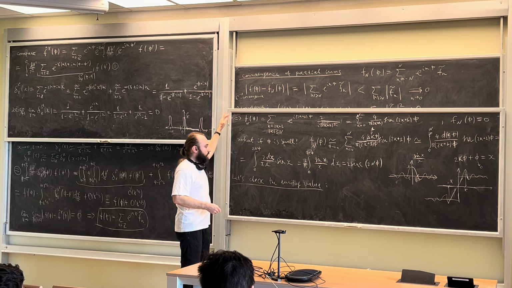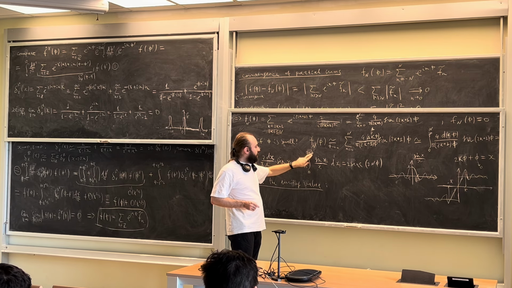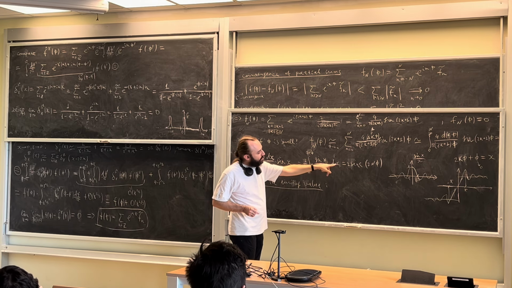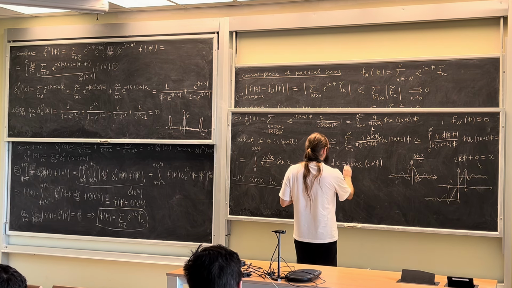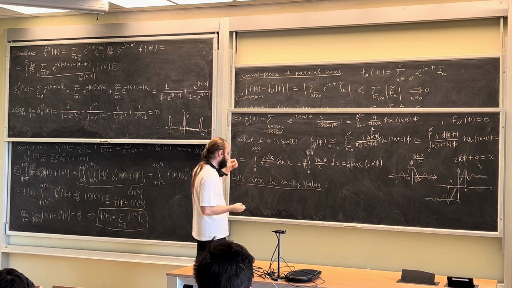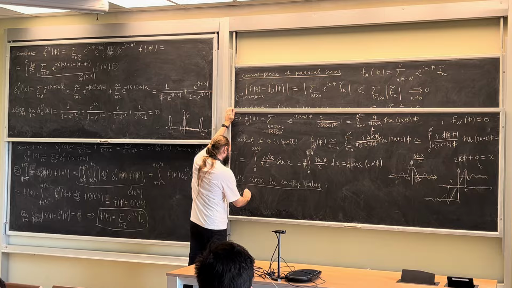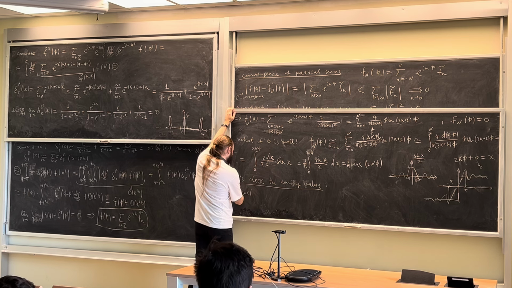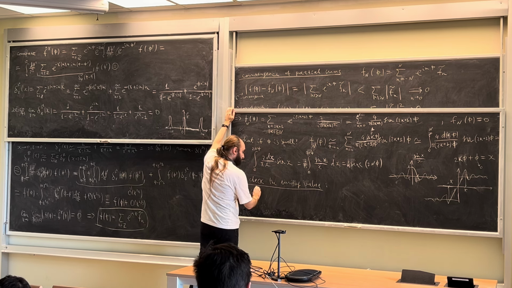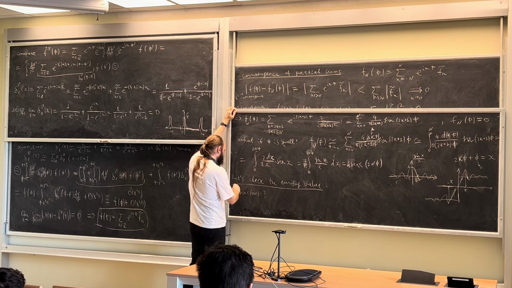To do this, we need to see what happens when n goes to infinity, when 2n phi goes to infinity. So it should be 2 over pi.